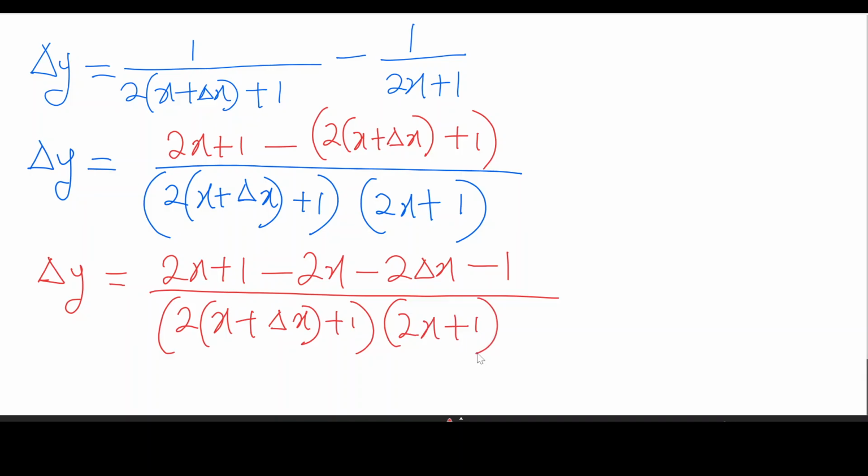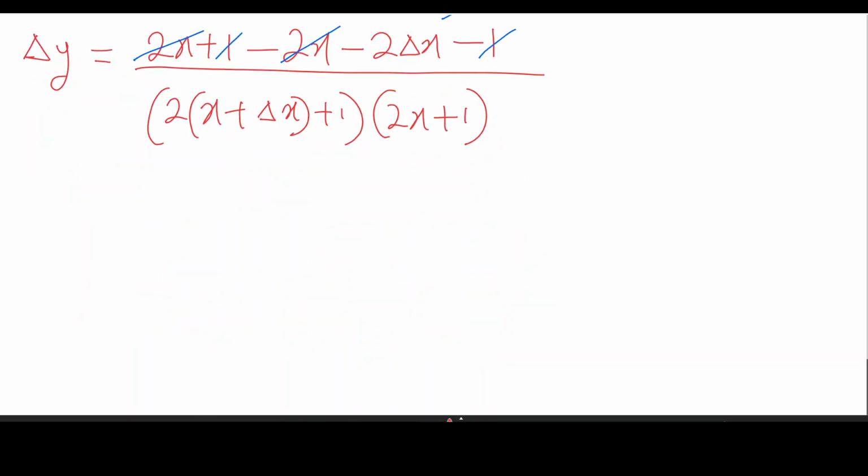So all we need to do is quickly collect our like terms. So we know that 2x minus 2x gives 0. And also we have 1 minus 1 to give 0. So we are left with delta y equals 2x plus 1 minus 2x minus 2 delta x minus 1. So we already know all these cancel themselves out.